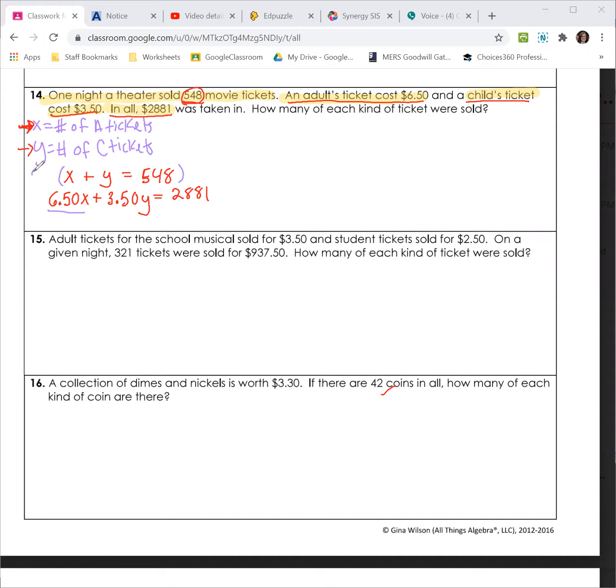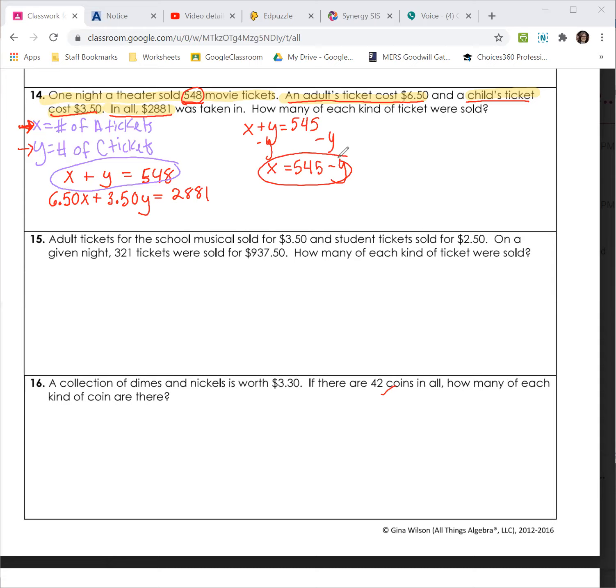Maybe if I want to get rid of X, I'd have to multiply it by 6.5, which isn't terrible, but let's go ahead and use substitution because it's set up very nicely for that. This top equation, even though it's not solved for X or Y, I can easily do that. Let's solve for X. What do I have to do to solve for X? I just have to subtract Y from both sides. So I have X equals 548 minus Y.